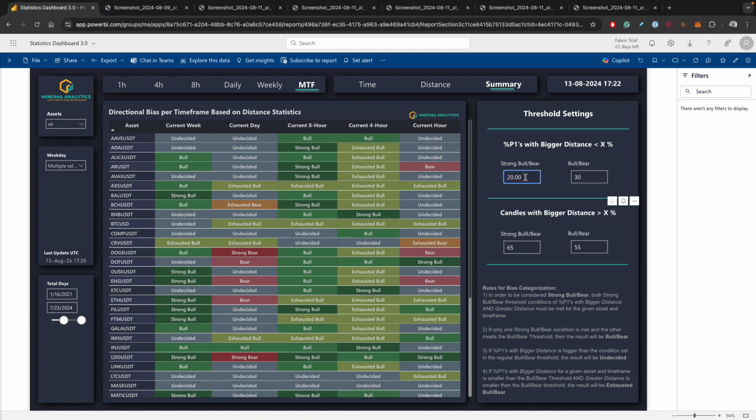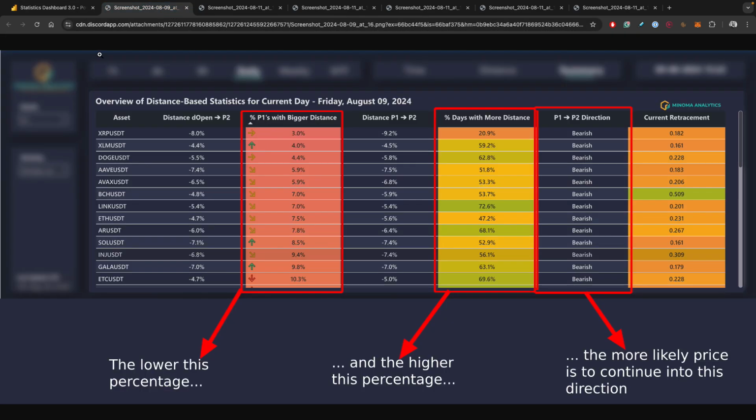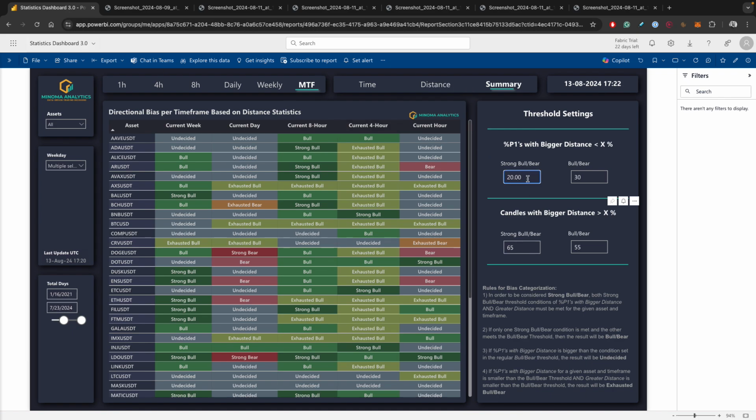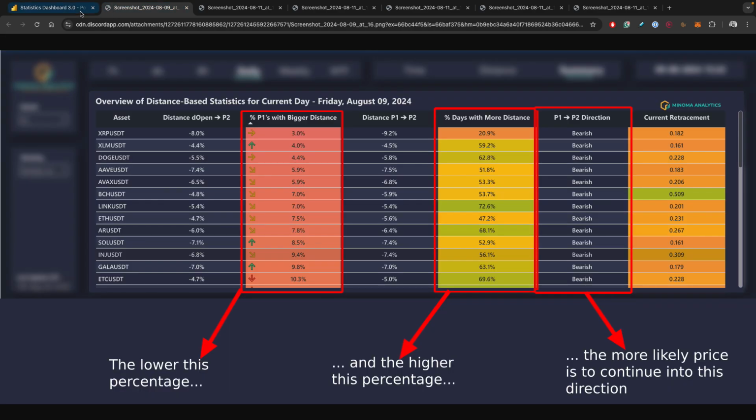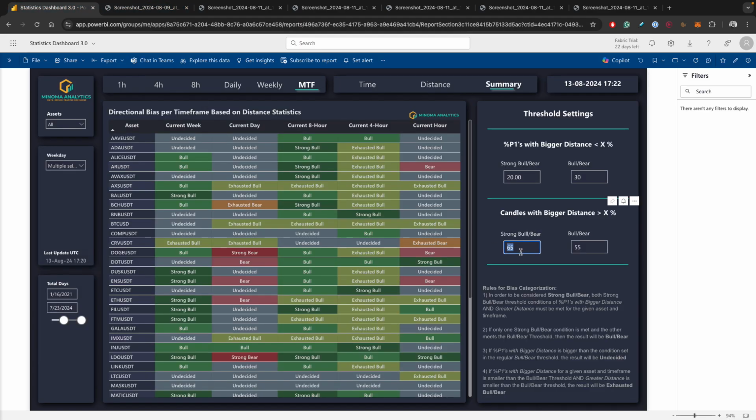So for example, here I say, well, if it's lower than 20%, so if this value is lower than 20%, I consider that very strong bull bear, depending on the direction. And if this metric is higher than 65%, I consider that very strong bull bear as well. Strong bull bear is when, for the time frame and the asset, so each time frame is evaluated separately, say for example we have strong bull.